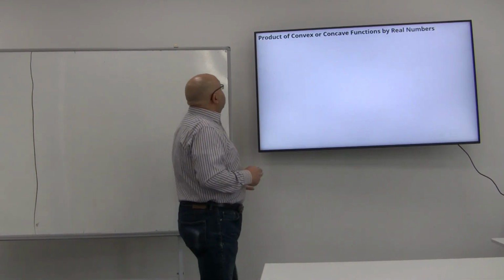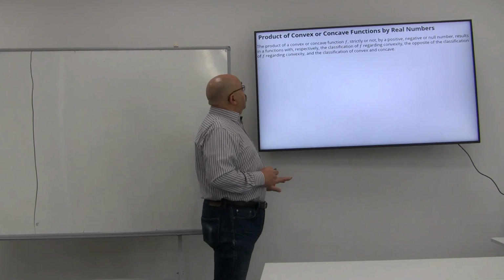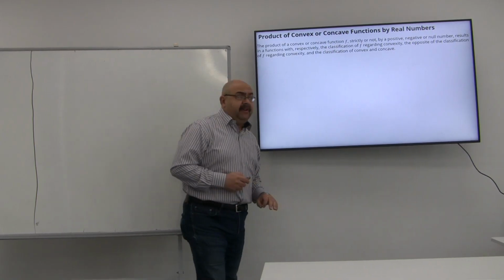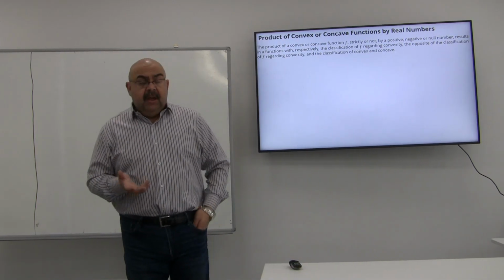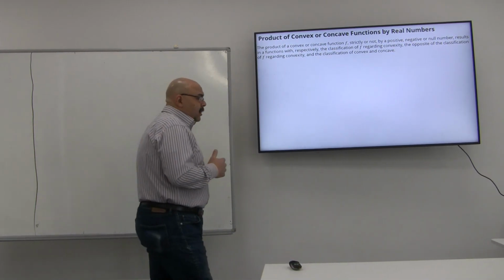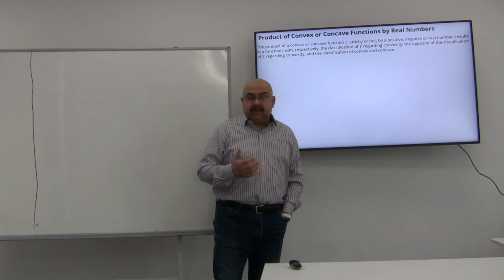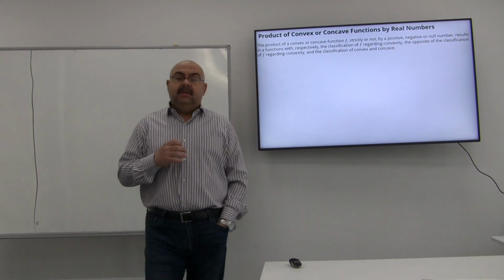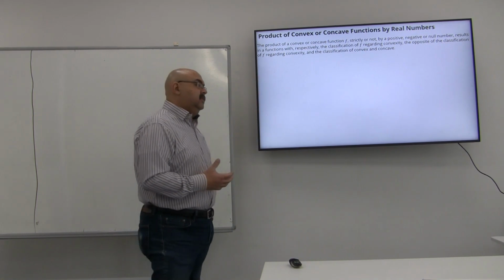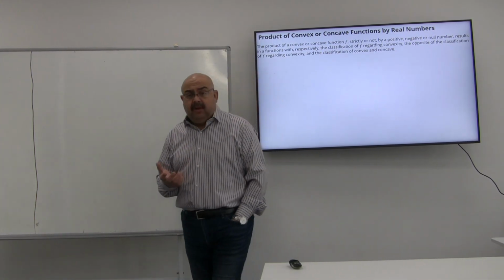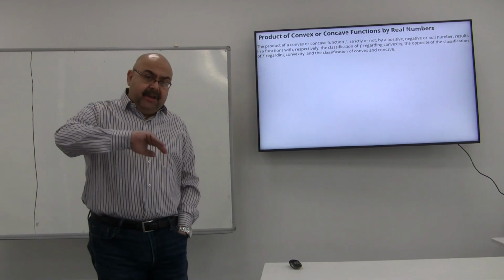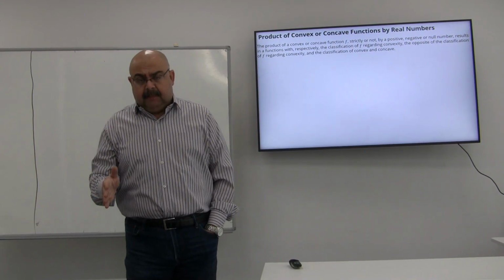Okay, perfect. Now we will go to the product of concave or convex functions with a scalar value. In this case, if I'm talking about a convex function in specific, if you multiply by a positive value, you will cause an increase in this convexity.